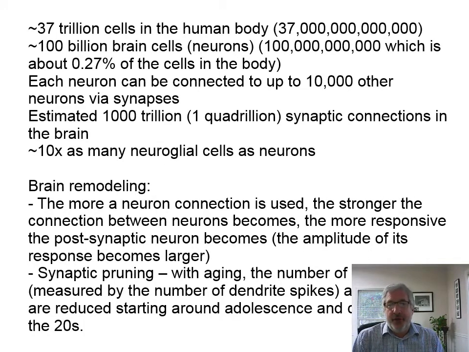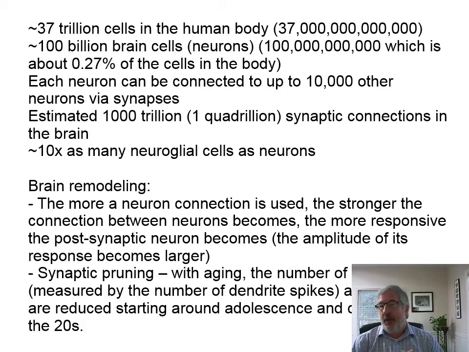There's 37 trillion cells in the human body. There's about 100 billion brain cells, neurons, and that's about 0.27, 0.3% of the cells in the body. Each neuron can be connected to up to 10,000 other neurons via the synapses, which we talked about last time.